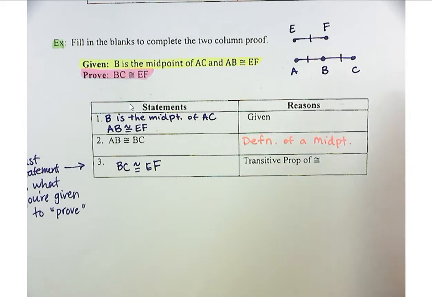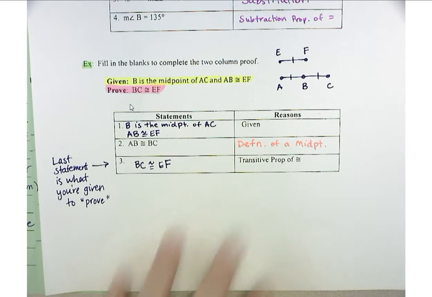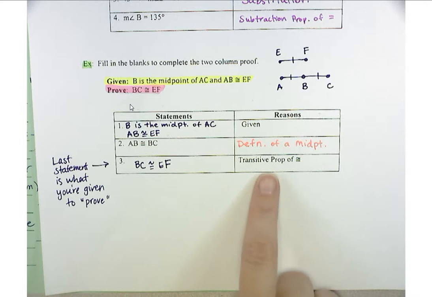So I'm just going to add this on the top of it. And I know they filled this one in for you for the reason, but that's not always going to happen. So I want you to understand why this reason is true.